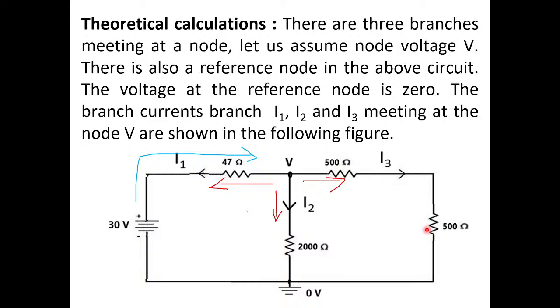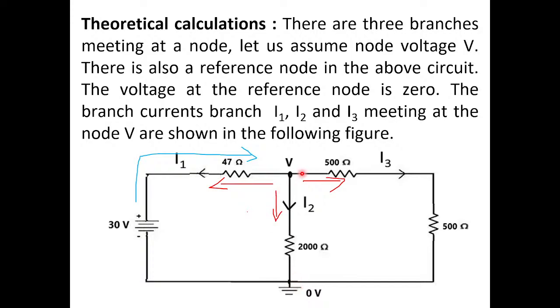Of course, the two 500 ohm resistors meet at a point, which you can call a junction, but since current is not dividing, I am not considering it as a node here. So the I3 current flows through this 500 and this 500 and returns to this point. And this I2 current has started from this node. It will flow through 2000 ohms and meet at this point.